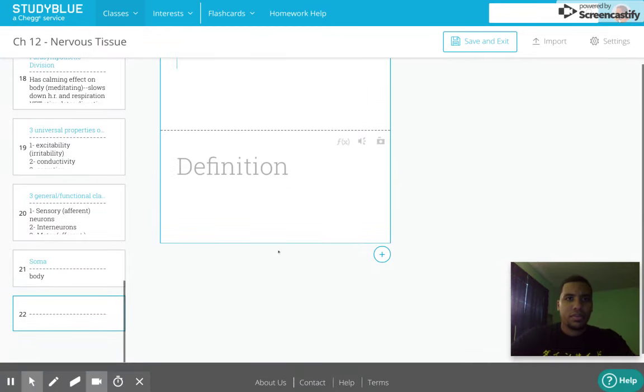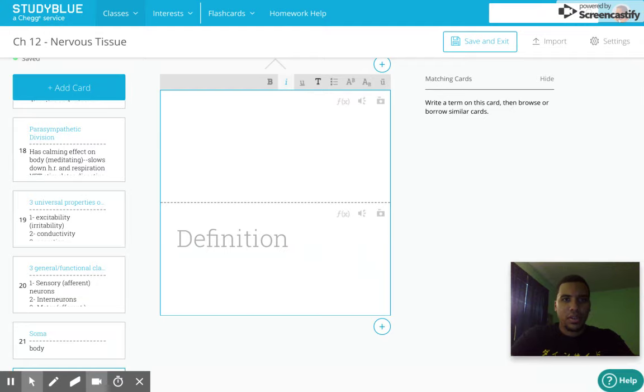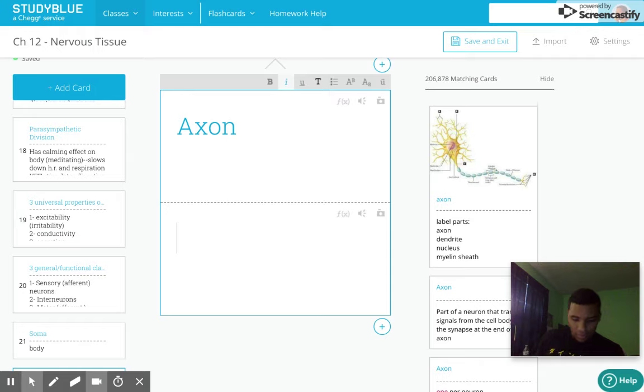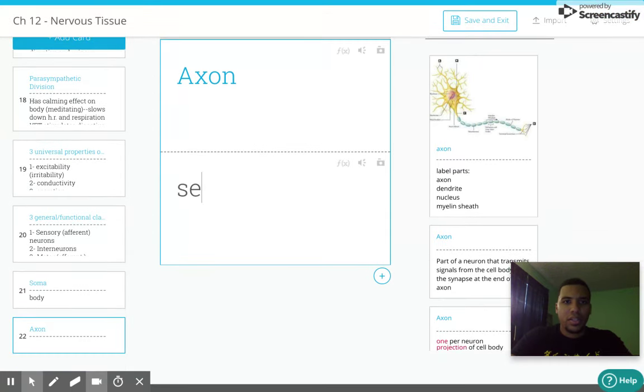We have your axon, you need to know what an axon is. And it says that it originates from an axon hillock, so this actually carries out signal. This is your output. Carries out signal.